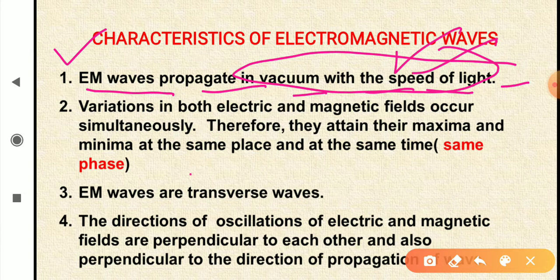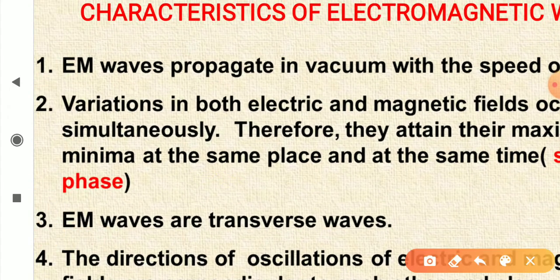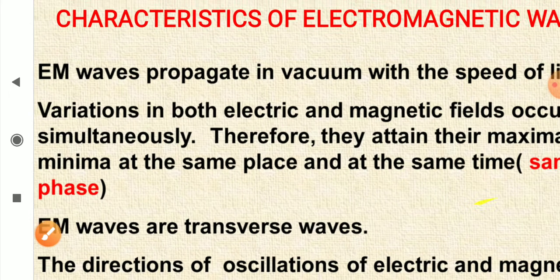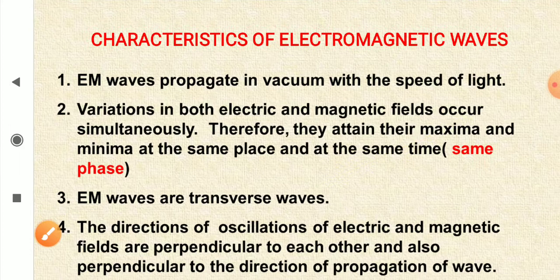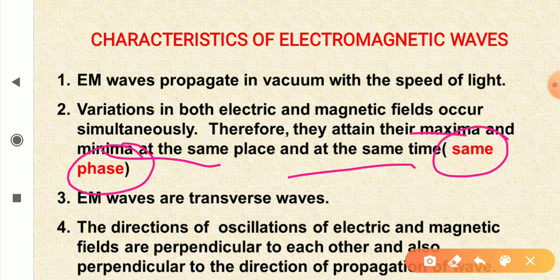Now, look at this. Variation in both electric and magnetic fields occurs simultaneously. Therefore, they attain their maxima and minima at the same time, and that means they oscillate in same phase. So electric and magnetic fields oscillate in same phase.